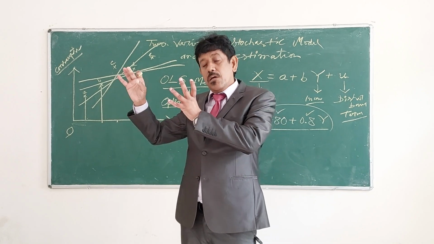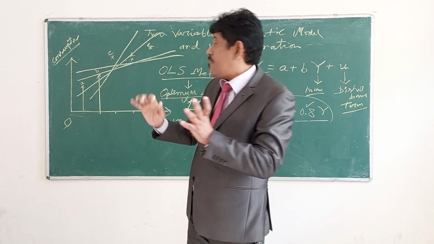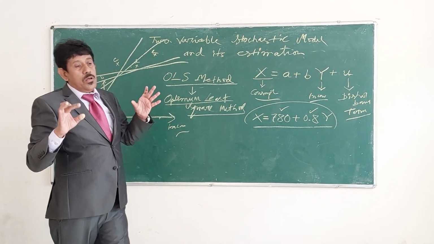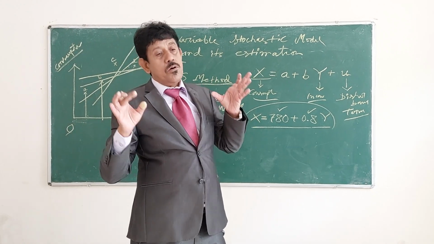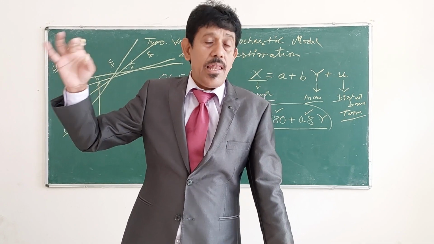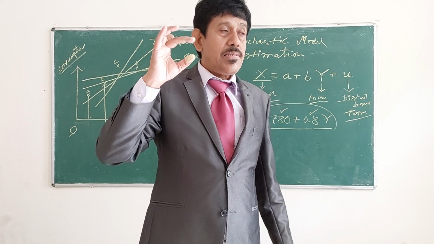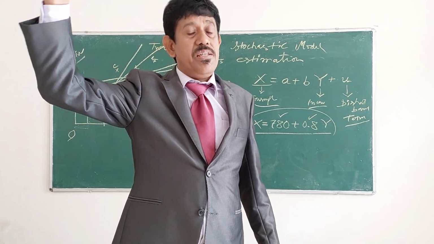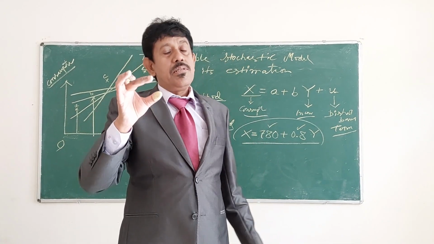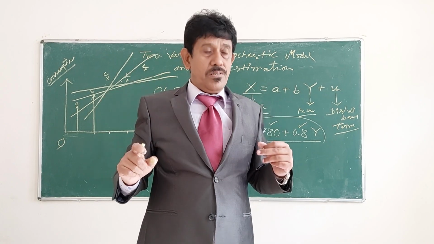In other words, the OLS method chooses that line to be the line of best fit which minimizes the sum of the squares of the deviations. Very important, it minimizes the sum of the squares of the deviations.